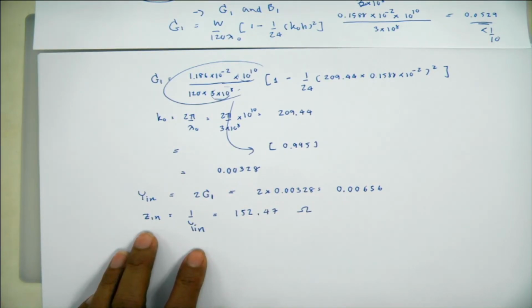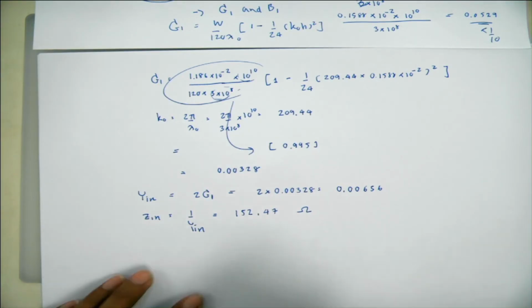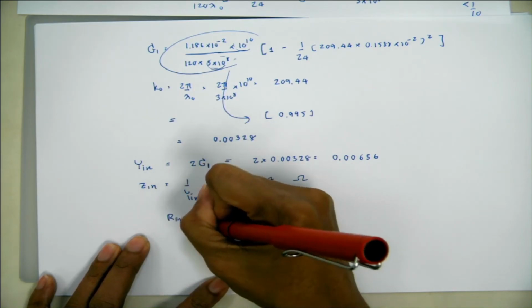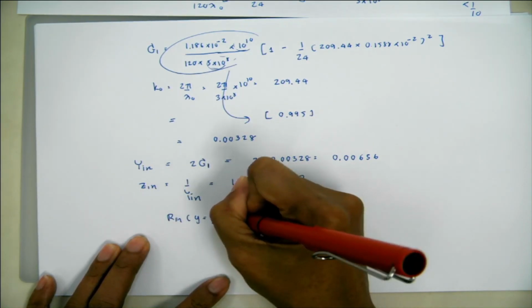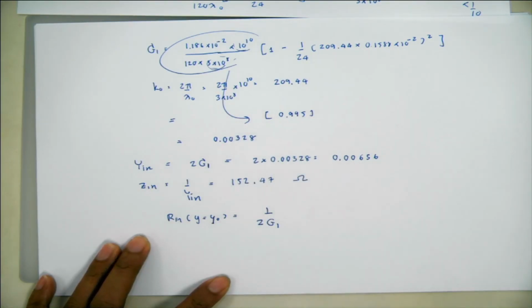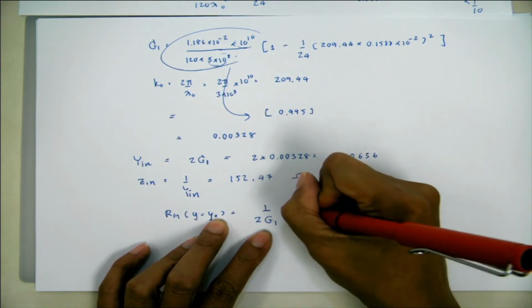So this input impedance is the input impedance to our patch antenna. Now, we want to match this patch antenna to the feed line that has 75 ohms characteristic impedance. So we're going to use this equation: Rin at y equal y naught equals 1 over 2G1, times cosine square of pi over L y naught. Now that we neglect the mutual effect, we will only have this 2G1 left in our formula.